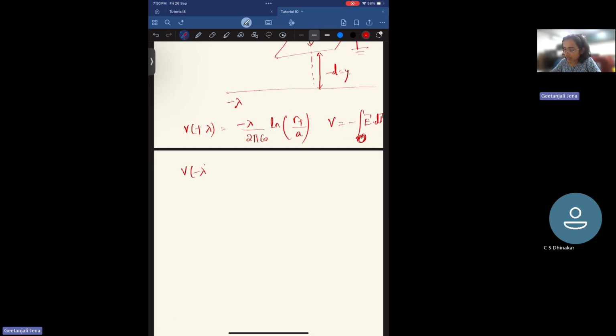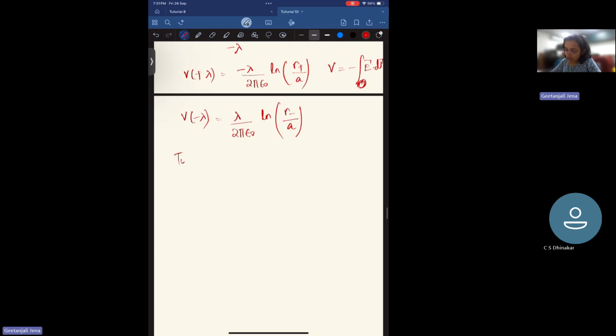For the minus case, only the sign will change. This will be lambda by 2 pi epsilon naught ln of the distance, let us say r minus, plus a. So the total potential is V plus lambda plus V minus lambda.